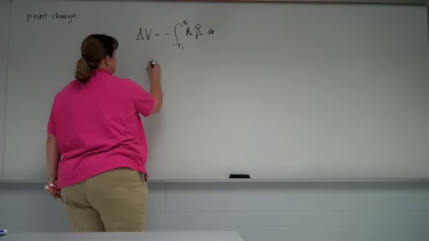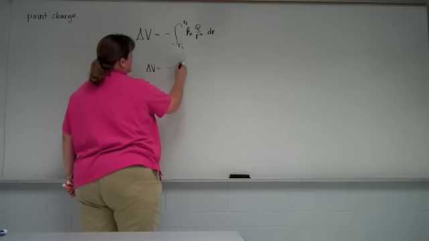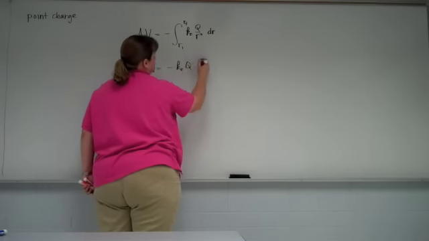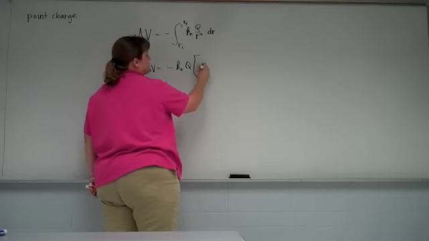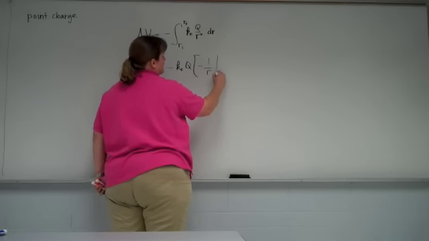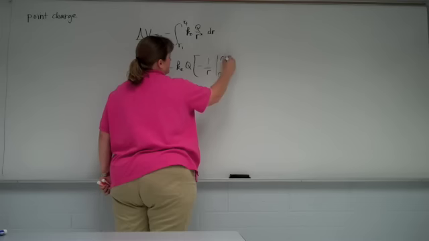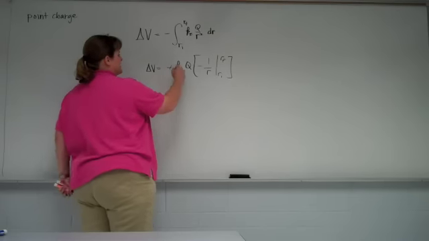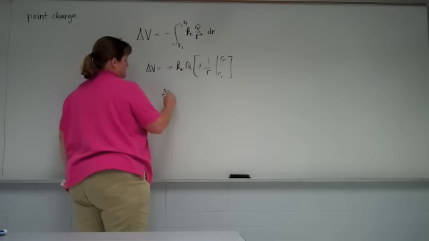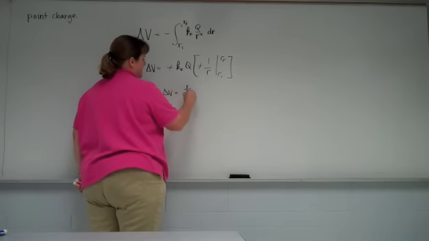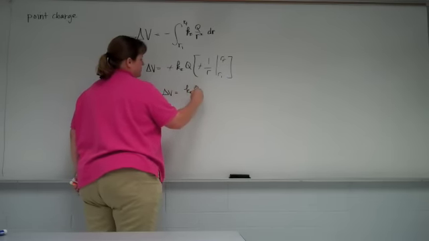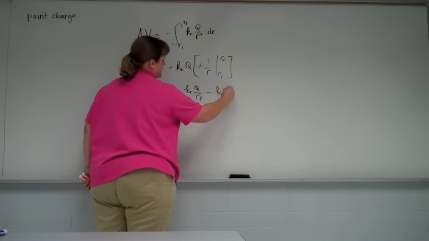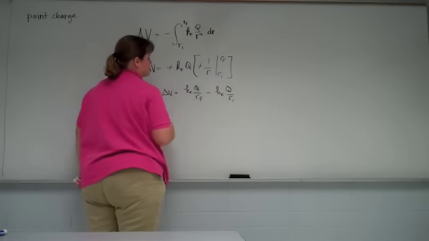So delta V will be negative. K is a constant, Q is a constant. The integral of 1 over r squared is negative 1 over r. So the negative signs cancel. So delta V is K Q over r final minus K Q over r initial.